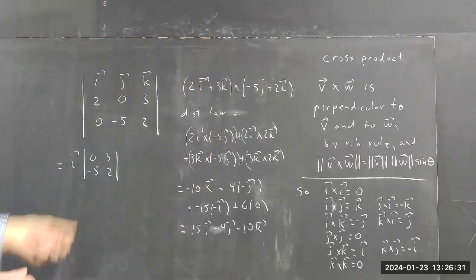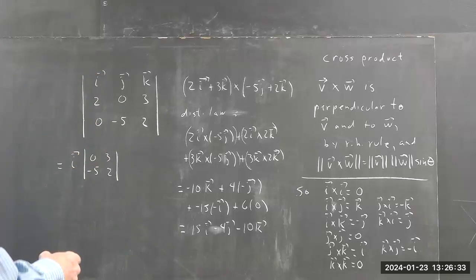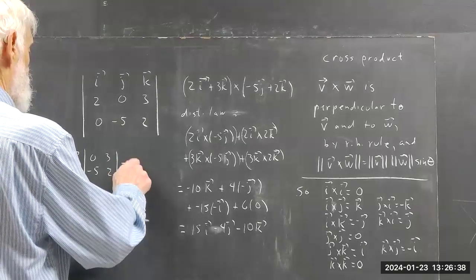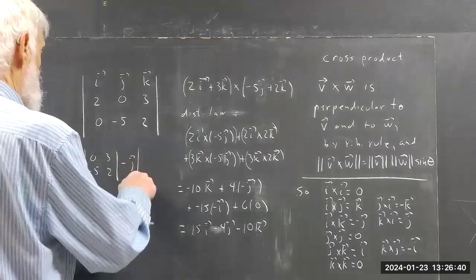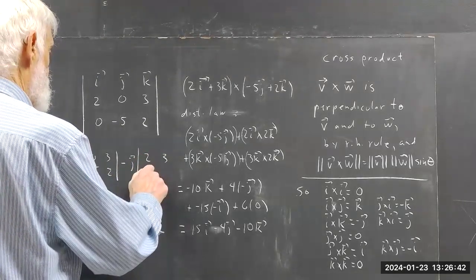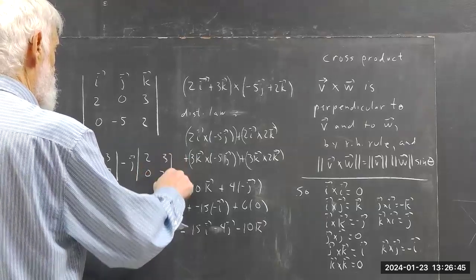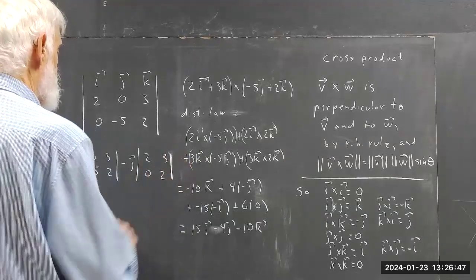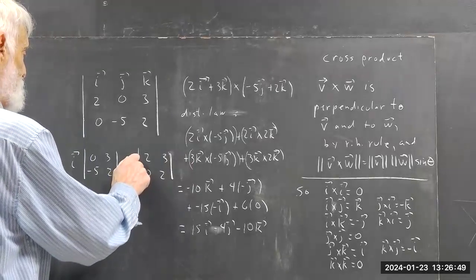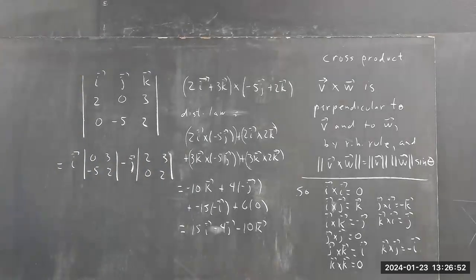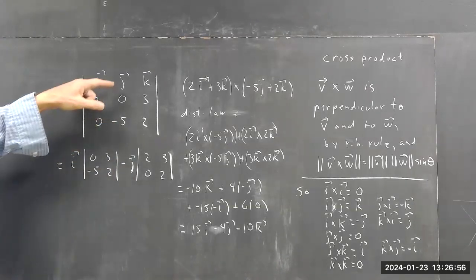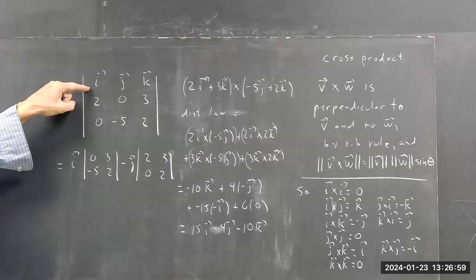Then the J, we throw the J column and row out, and we get a determinant. Okay, but it's minus. Now, the rule is, and you'll see it in linear algebra, so I'm not going to teach it to you in detail. You just take the row and column of I, which is row one, column one. 1 and 1 is 2.